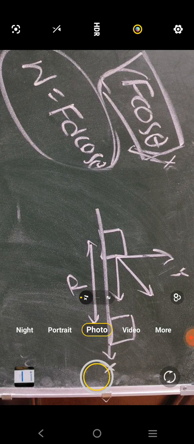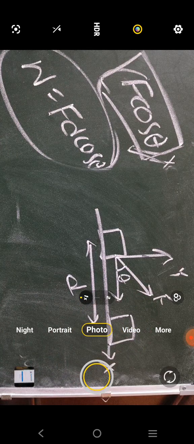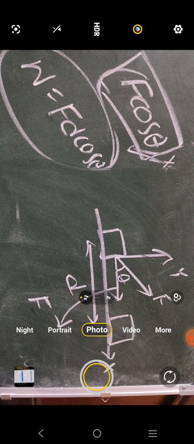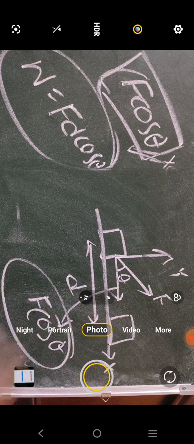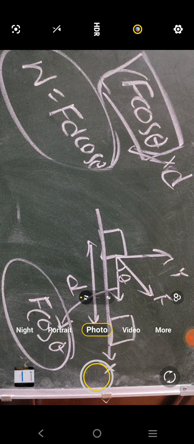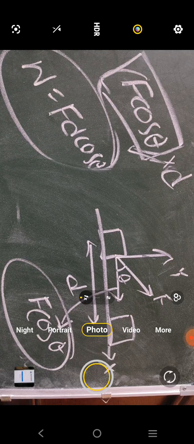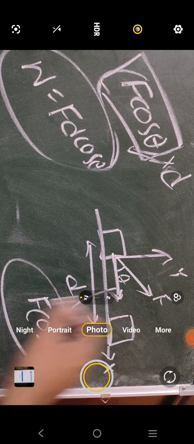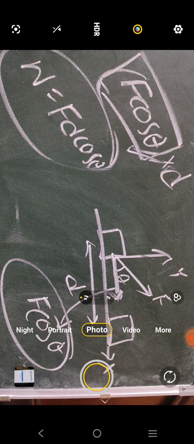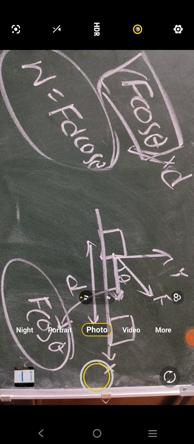If the force makes an angle theta with the horizontal, then along the direction of displacement the force component is F cos theta, multiplied by the magnitude of displacement d.